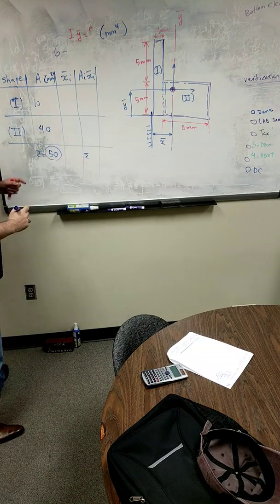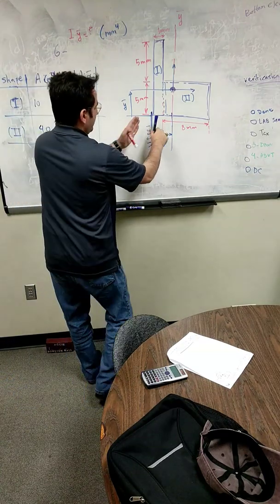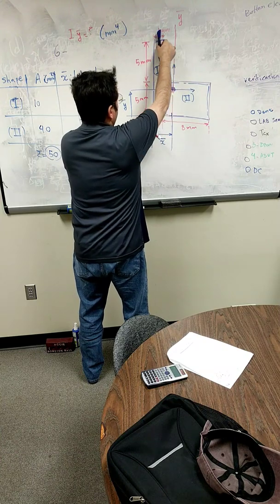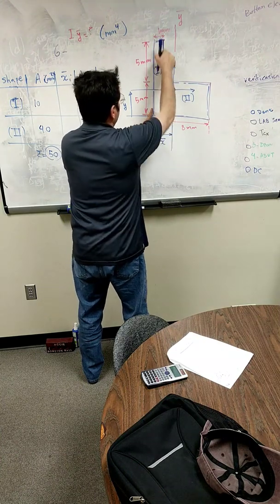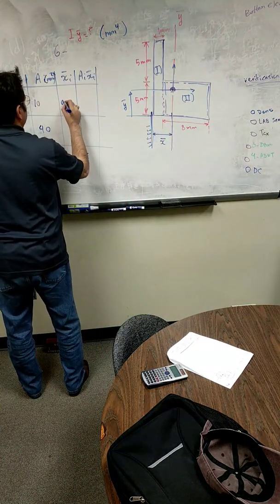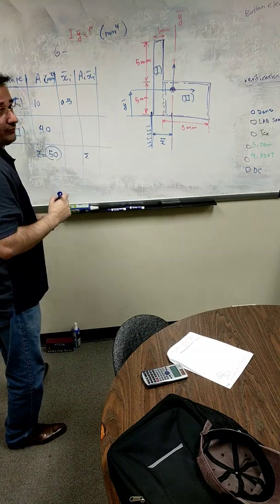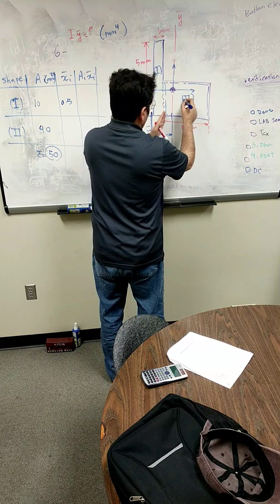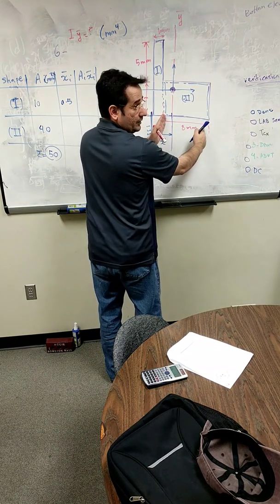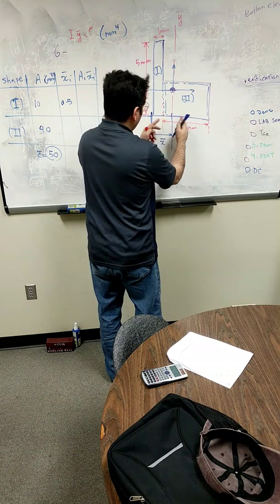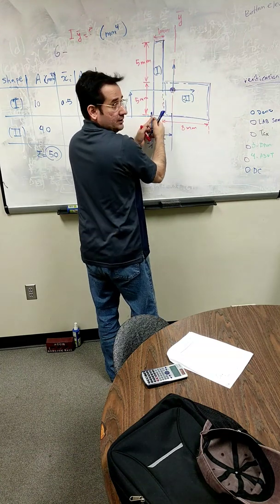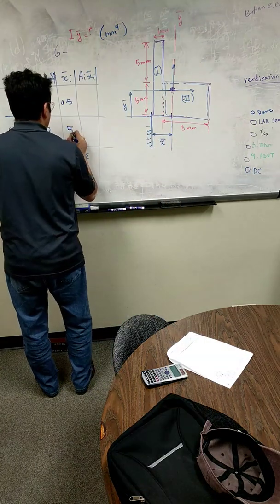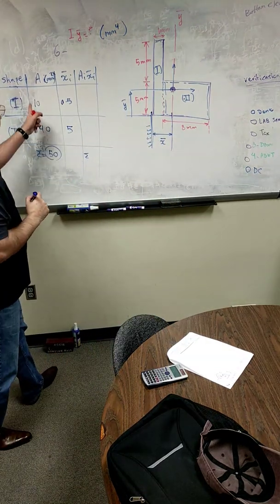Alright. X bar 1 with respect to this base. For shape 1, the centroid is at half, so it's 0.5. For shape 2, it's here, so it's half of 8, which is 4, plus 1, so 4 plus 1 is 5. Now multiply this together.